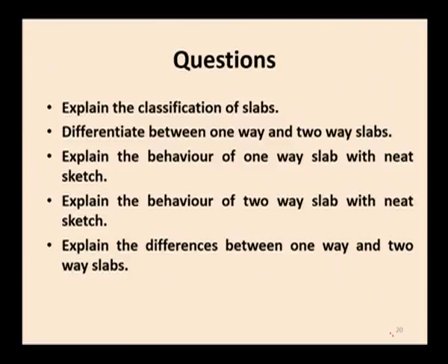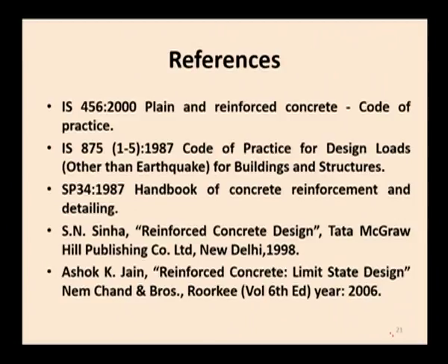In connection with this, the references are IS 456-2000, Plain and Reinforced Concrete Code of Practice. In this unit on slabs, we are going to follow the IS code provisions completely for the design of slabs, that is simply supported slabs, restrained slabs, as well as continuous slabs.